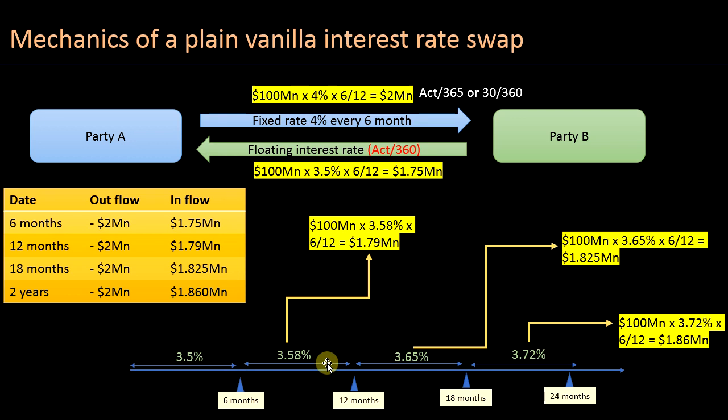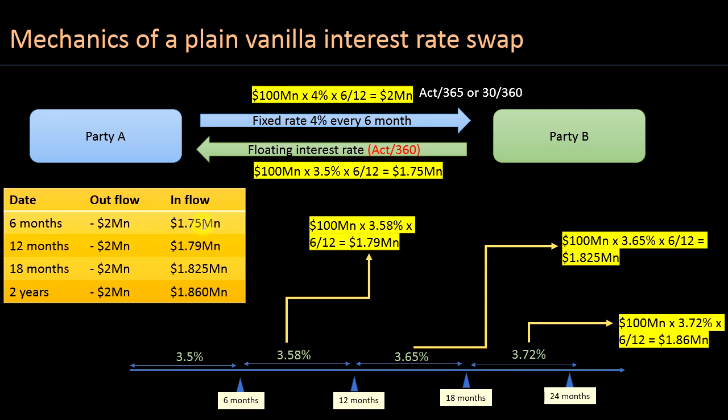So these are the floating rates applicable for each period with semi-annual compounding. So for example, the first one is 3.5%. So that's 100 million multiplied by 3.5% multiplied by 6 by 12, which is 1.75 million. So that's the cash flow party A will be receiving from party B.